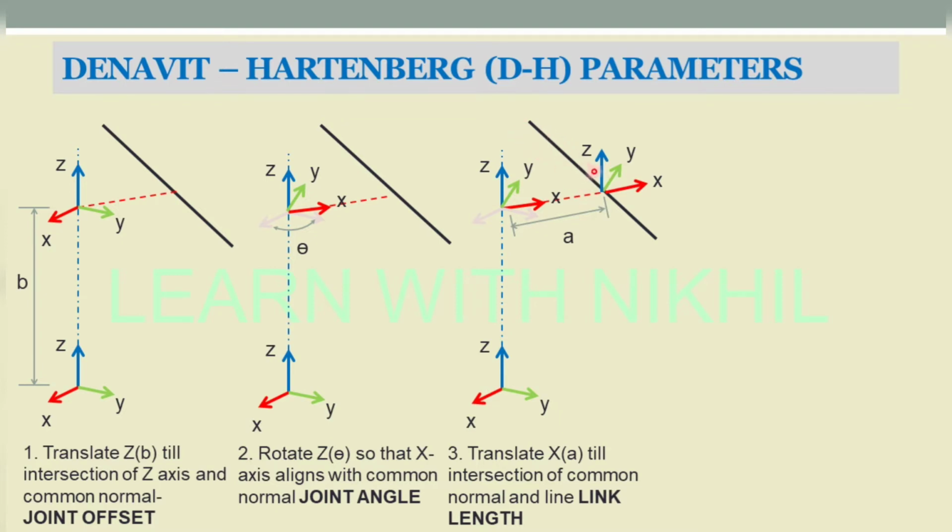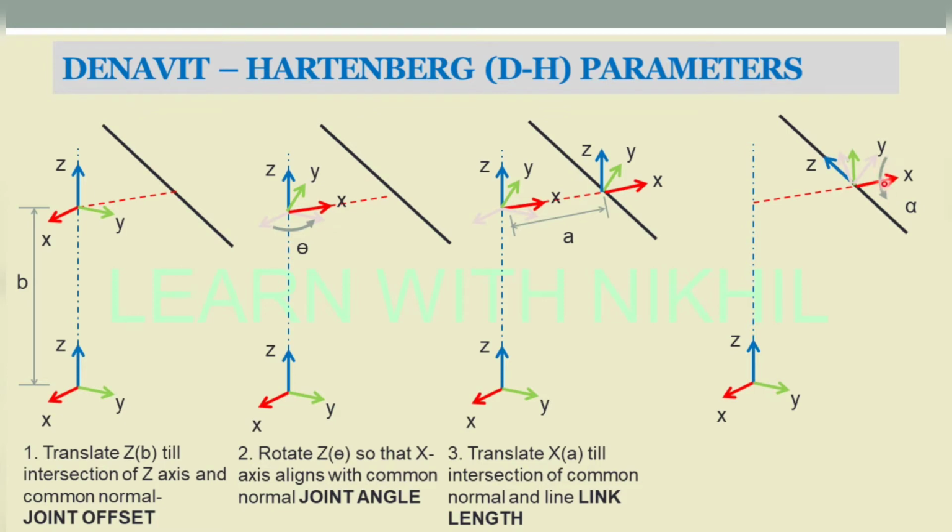Now to align the z axis onto this line, finally we have to rotate this frame again, so that the z axis will be aligned on this line. So here you can see we have rotated along the x axis. We have rotated in such a way that the z axis gets aligned on this line.